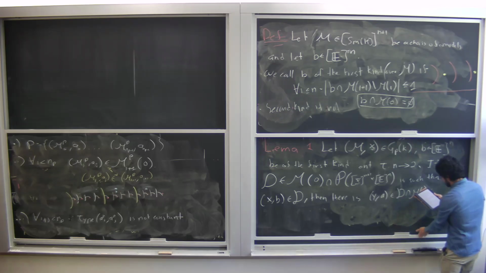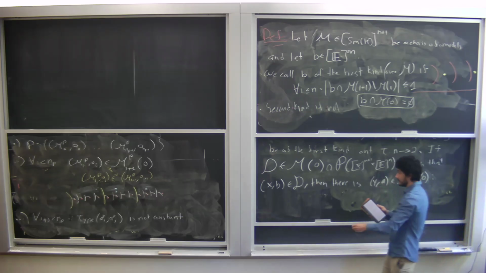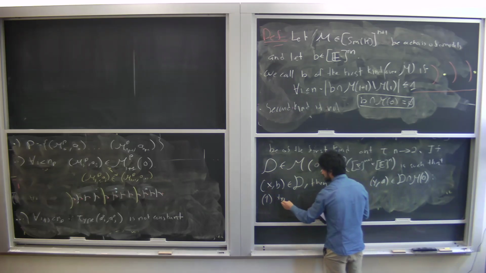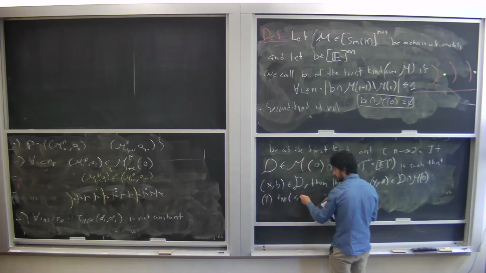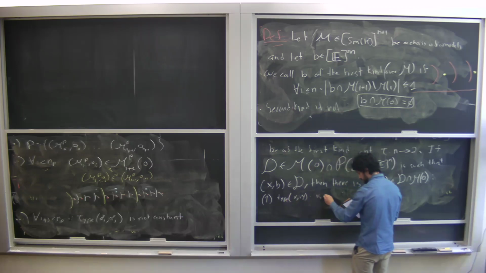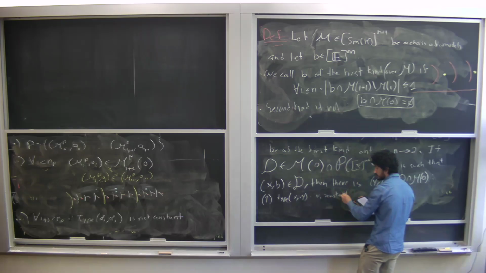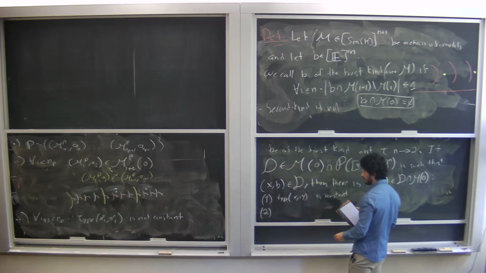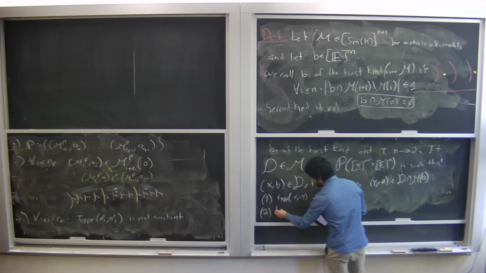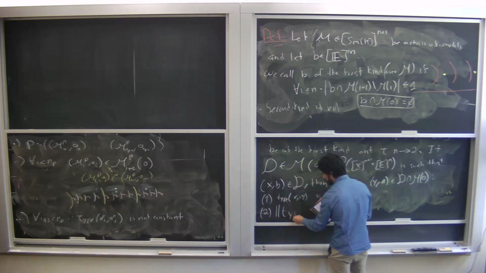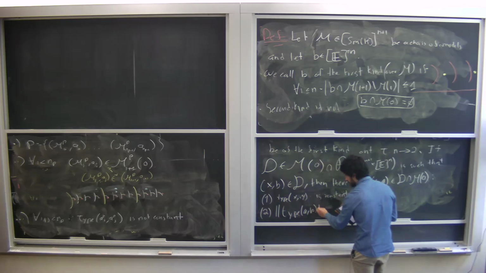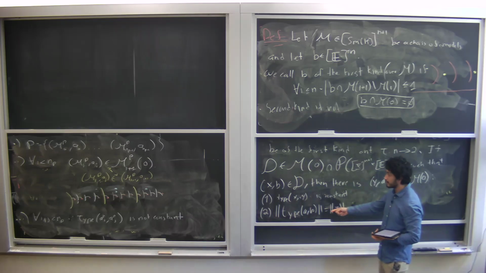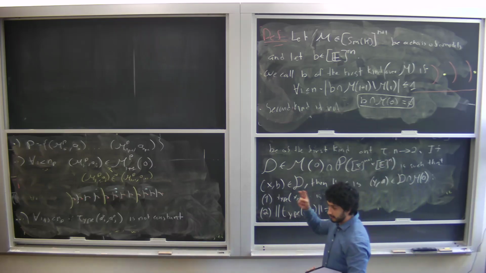So let n be of the first kind. Then we can find this pair here such that two things happen. One is that the type of xy is constant. And two, the absolute value of the type of AB equals the absolute value of tau, which means that having a certain type is not a symmetric relation, right?